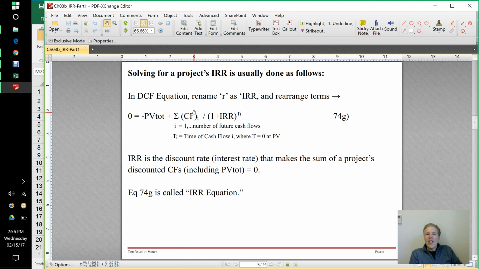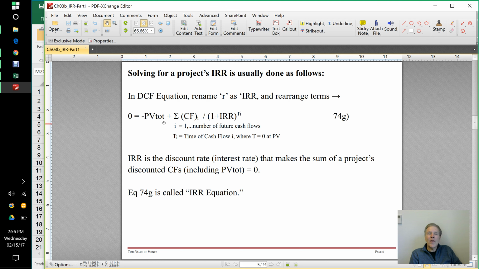So in general, when we want to solve for a project's internal rate of return, in the discounted cash flow equation we're going to rename R as IRR, and then we're going to rearrange terms a little bit to get 0 on the left-hand side.